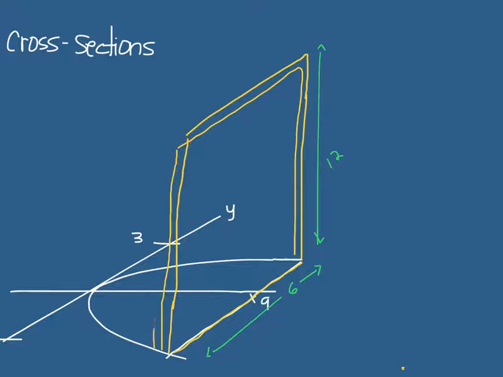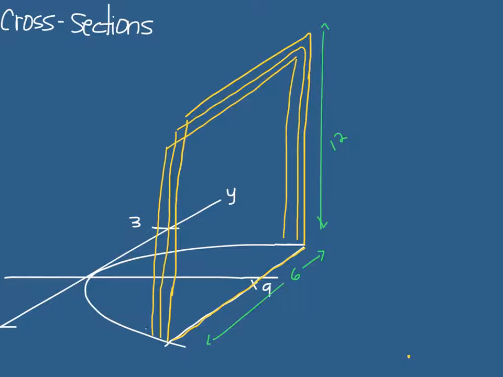And then there's a rectangle behind that, and that's slightly smaller still. And the rectangles just keep getting smaller the farther you go back. This ultimately reminds me of a wedge of cheese. And as you slice it, it's like cheese slices that come off. The cheese slices just keep getting smaller the farther back that you go towards the origin.